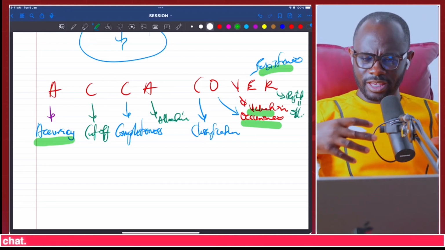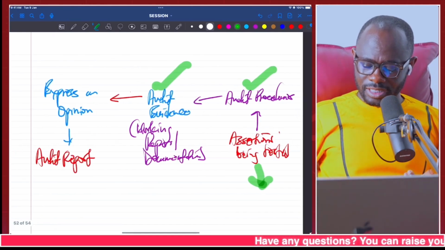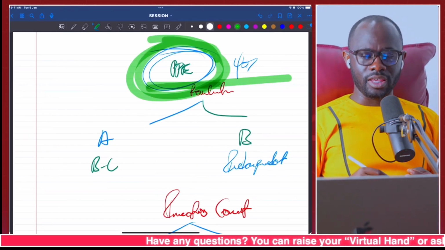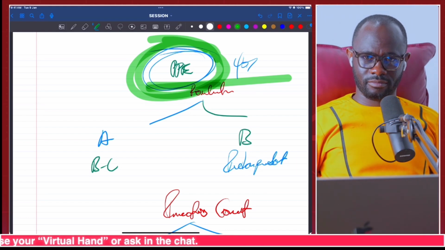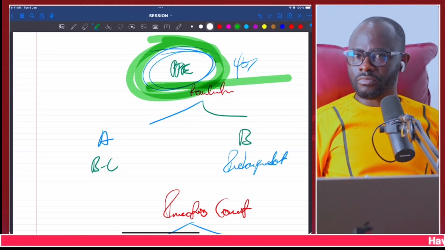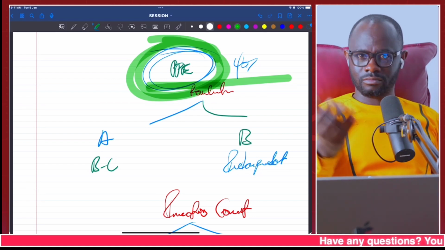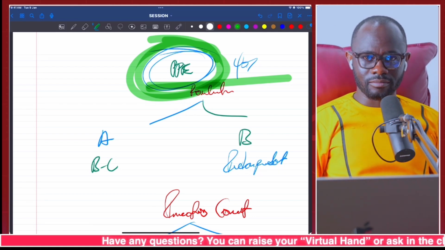So if you see how we are knitting everything together, you see that auditing of the PPE, I have come with maybe 6 points already. Because we are inquiring from the finance manager the reasons for the increase in the PPE.